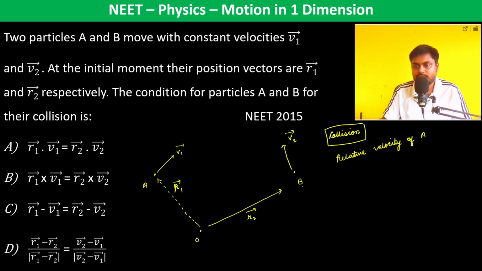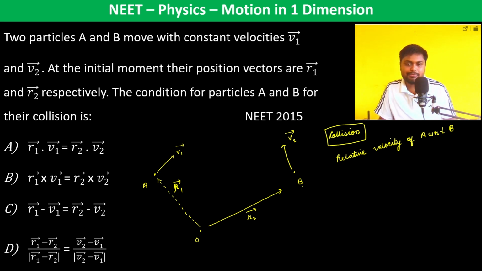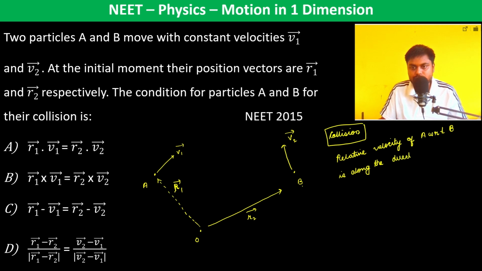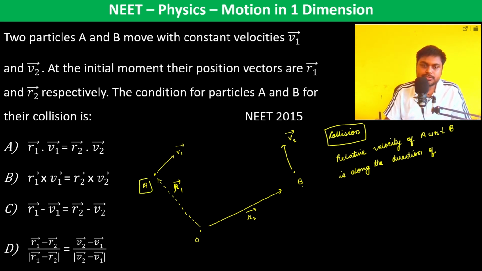So we are doing it for A with respect to B. The relative velocity of A with respect to B is along the direction of, so basically A is going to see B.